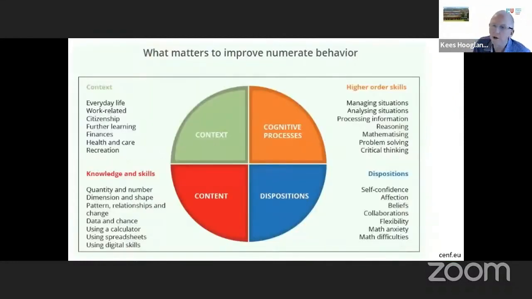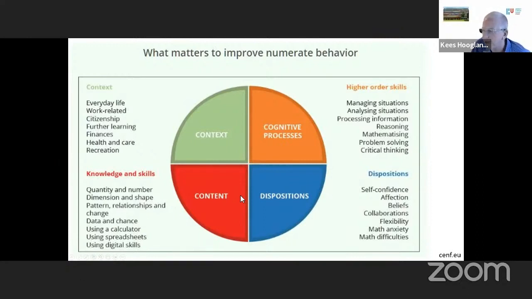What we use as a leading concept in the Common European Numeracy Framework is this diagram with four quadrants. If you want to become better in numeracy, to improve your numerate behavior, you have to do something with knowledge and skills: quantity and number, doing calculations, but also getting better in using all kinds of tools for that.